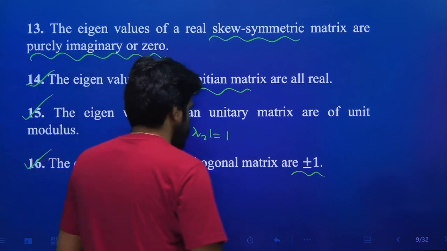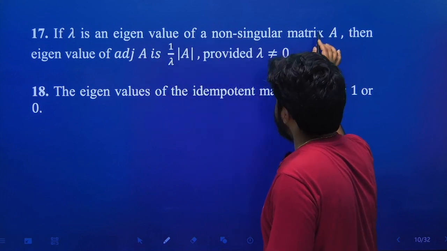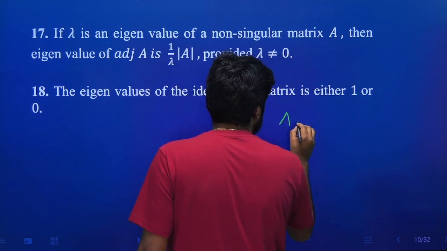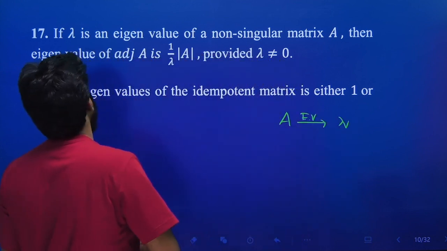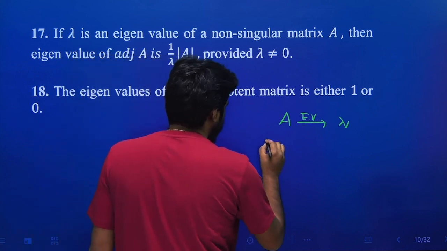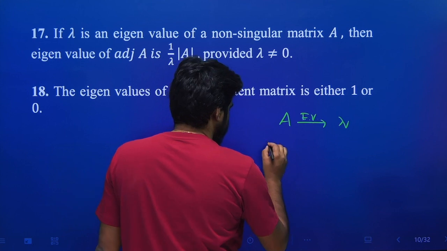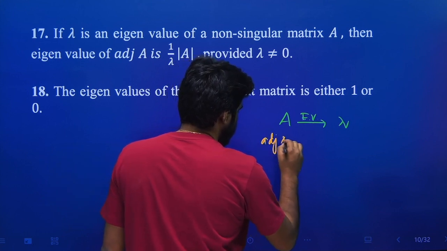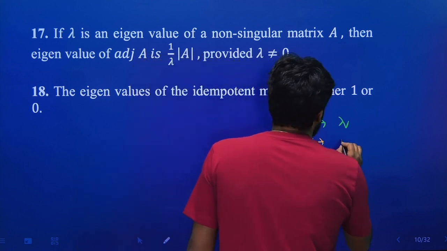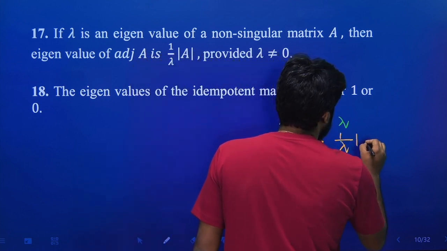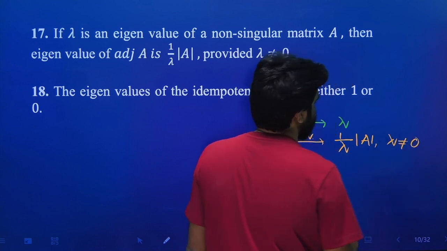Okay, so next, if lambda is an eigenvalue of a non-singular matrix A, then the eigenvalue of adjoint A will be 1 by lambda into determinant A. Obviously lambda should be not equal to 0.